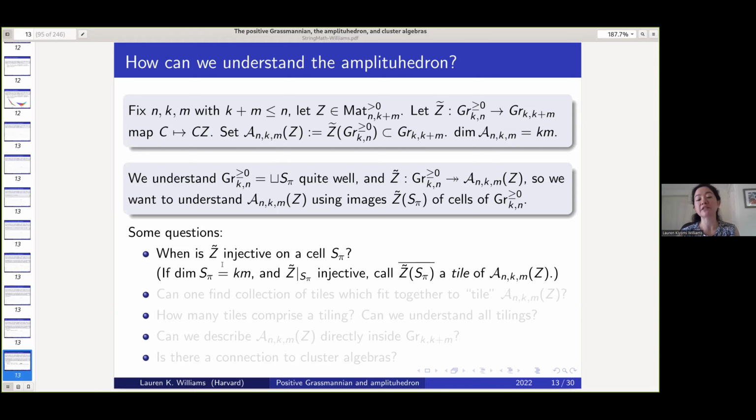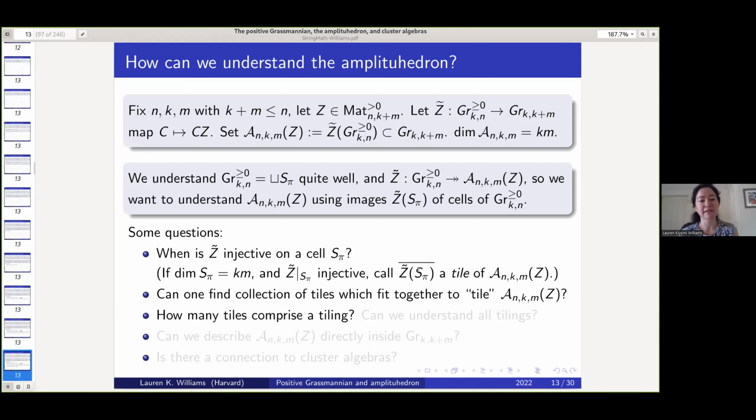So if the dimension of a cell is Km and Z tilde is injective, then we call the image of that cell a tile of the amplituhedron. And a question which goes back to the origins of the amplituhedron is, can you find a collection of these tiles, images of cells which fit together to tile the amplituhedron? Like in a non-overlapping way, we want to cover the amplituhedron.